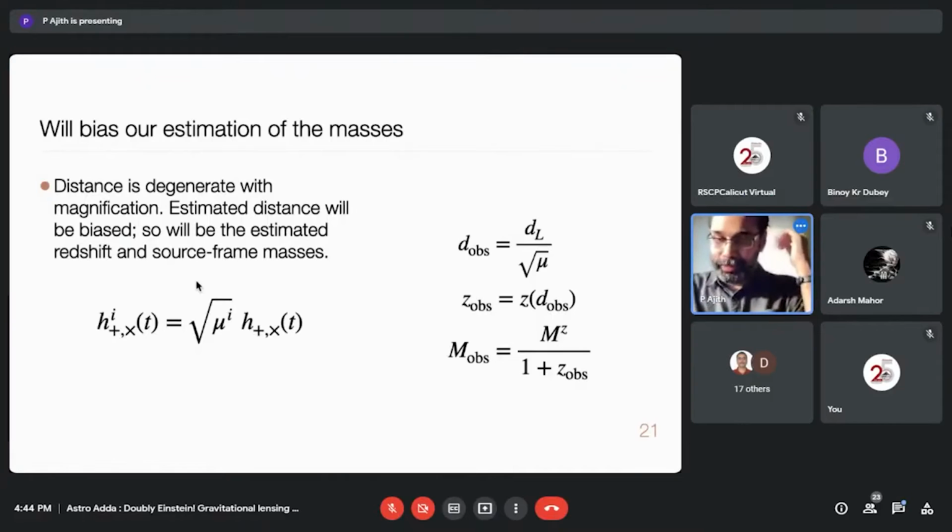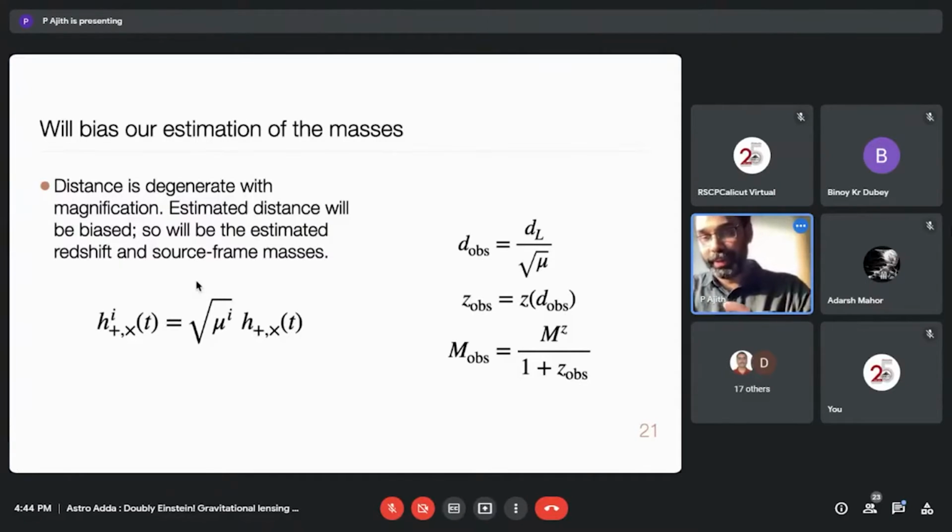And if the source is taken as a nearby source, then the cosmological redshift that we assign to it would also be very small. And it turns out that if you want to get the true frequencies of signals, you have to take out this cosmological redshift.